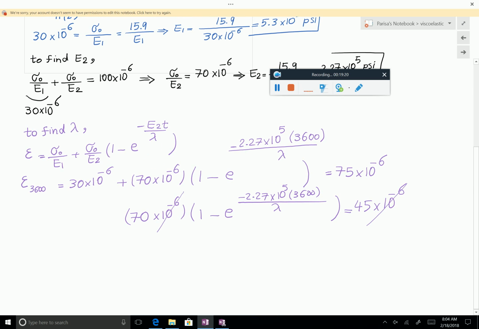And then you do the calculations. You are going to get lambda equal to 7.95 times 10 to the 8 psi second. So before in the metric system we had Pascal second, here it is psi second.